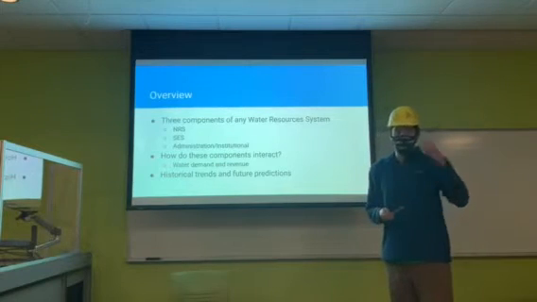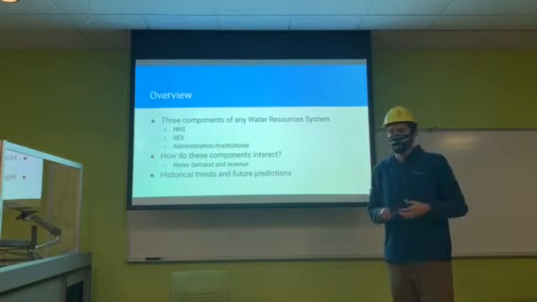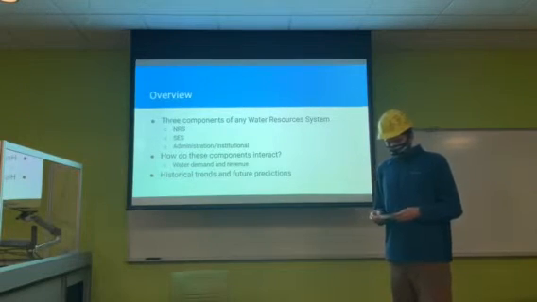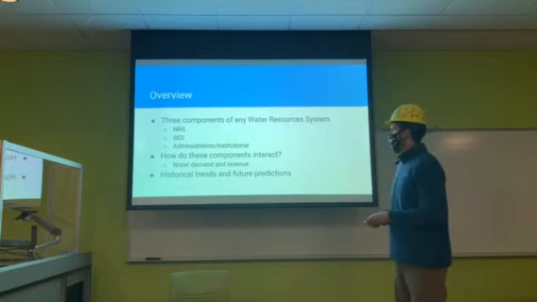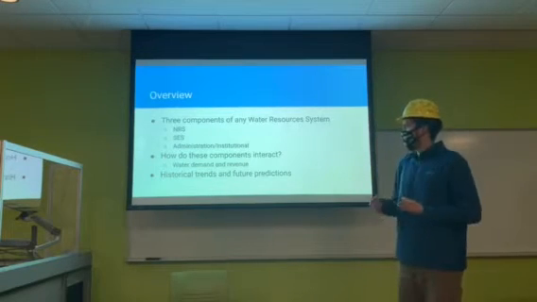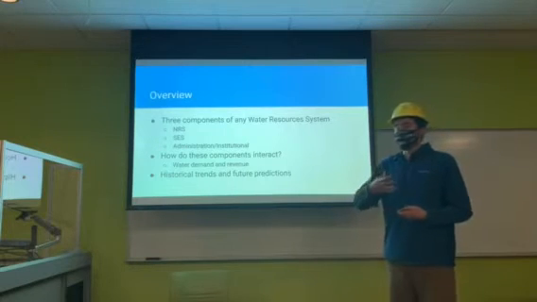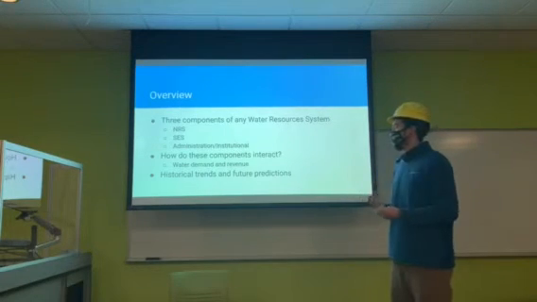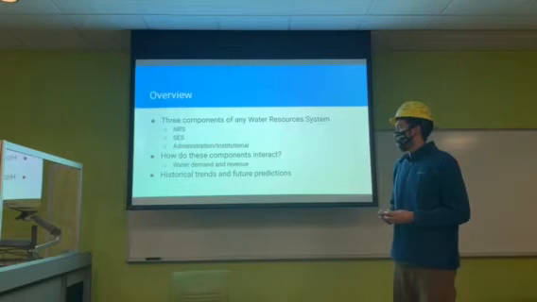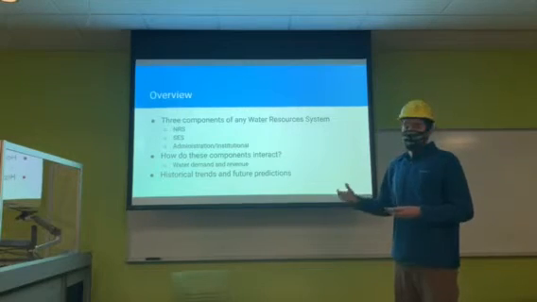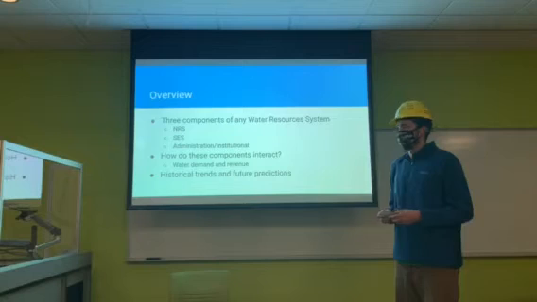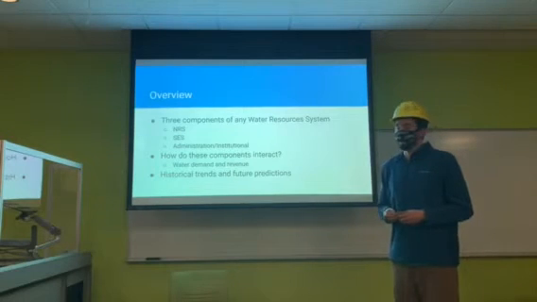And then for New England, there's ISO New England, which is an electric company in New England, and then NERC and FERC. And so for our project, we're looking at pretty much how these three components interact for Springfield. And then specifically for our design question, we look at water demand and revenue, and found historical trends and future predictions for those two categories.